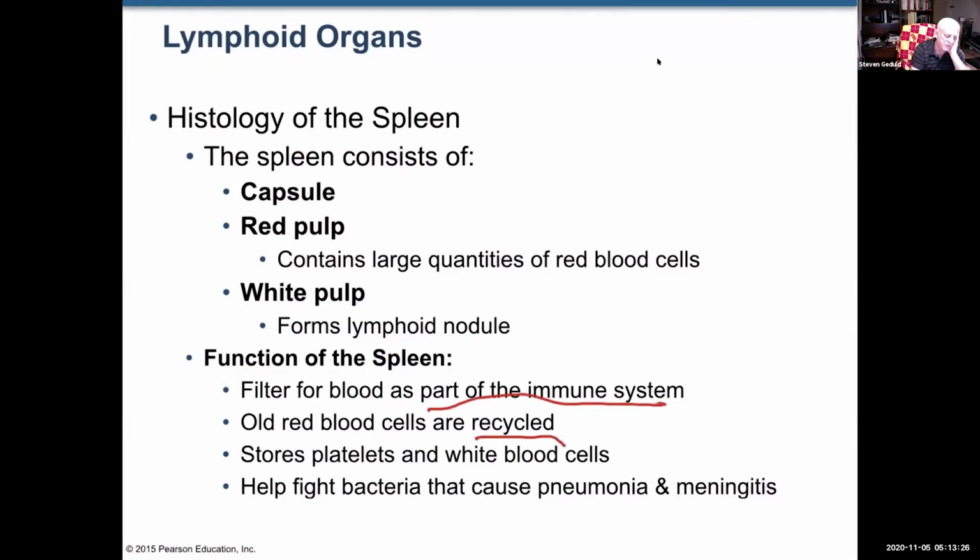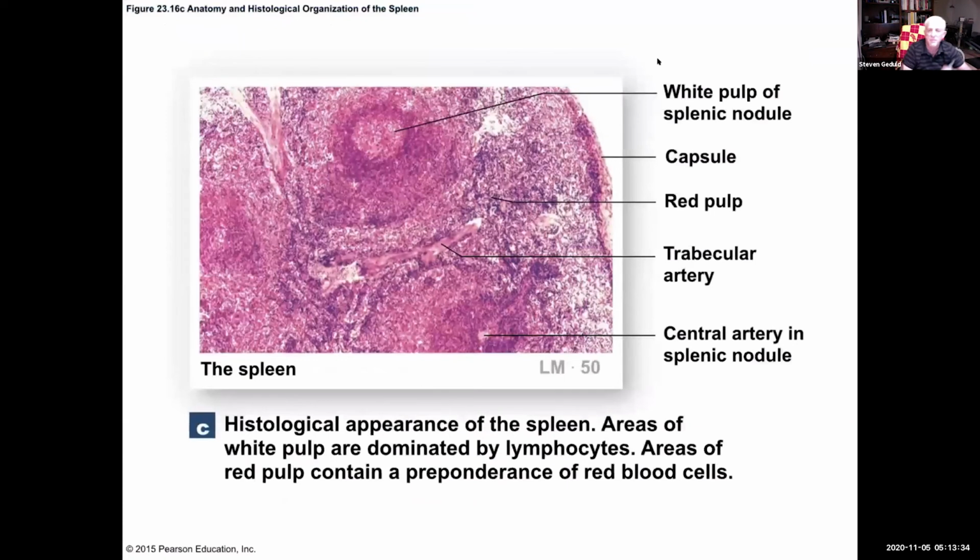It stores platelets and white blood cells, and helps fight bacteria that cause pneumonia and meningitis. Those are the functions of the spleen, the largest lymphoid organ of the body. And you see the white pulp, or nodules, the capsule surrounding it, your red pulp, which is your red blood cells, a trabecular artery going through it, and then the central artery coming through there.